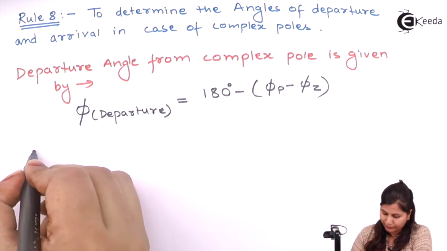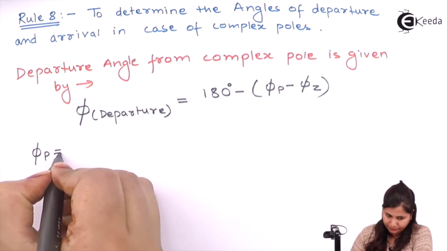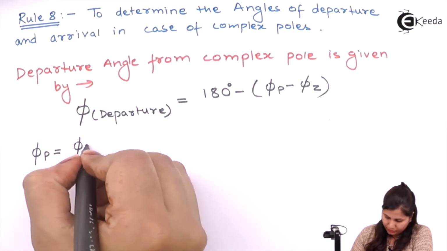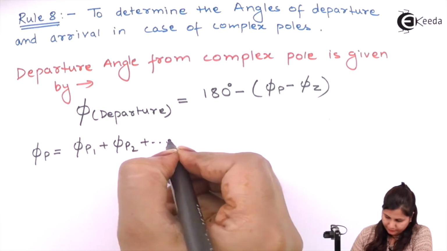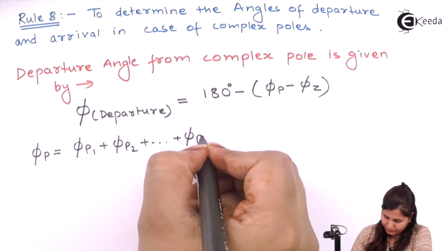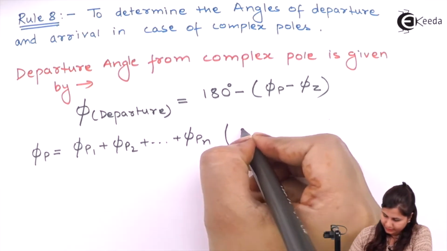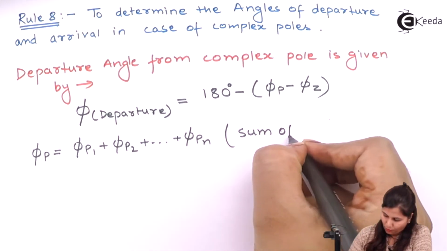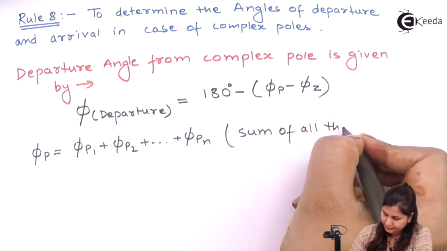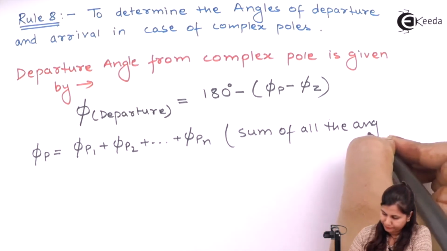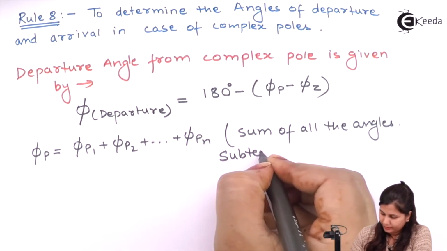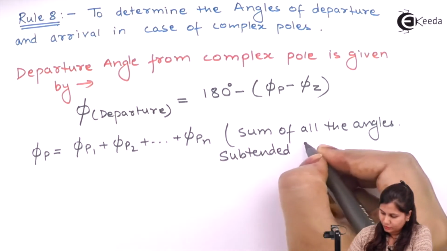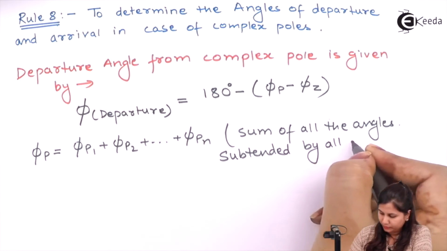So what is phi p? Phi p is phi p1 plus phi p2 till phi pn, that is the sum of all the angles subtended by all other poles.